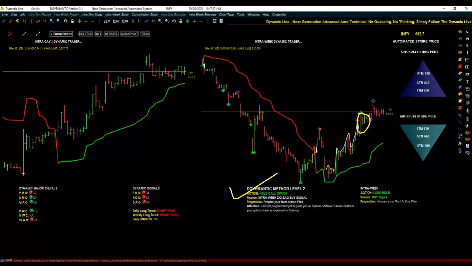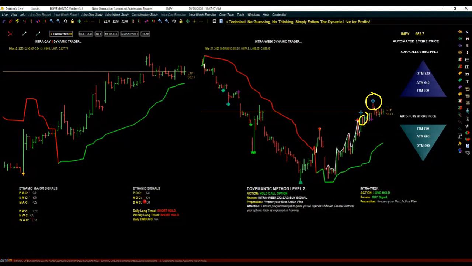Now it has closed at 652. But after you bought around this range, the price made a high here, and right on top there is this dynamic system caution symbol that appeared, where the price made a high of 674. From 642 to 674, we are talking about literally 32 points.